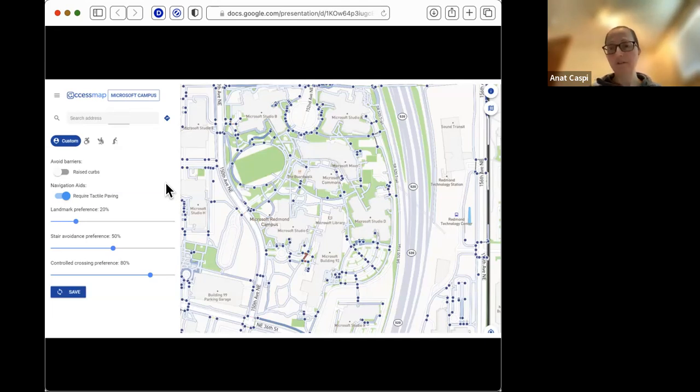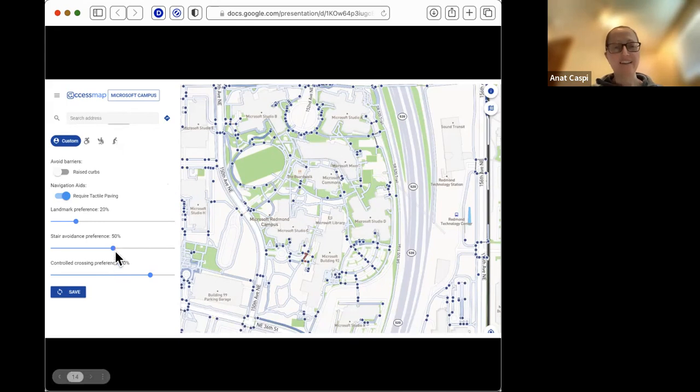People with disabilities often are aware of what their maximum is or what they're willing to take, especially because ADA defines 5% and 8% as these demarcations. So you might know your specific preference along that line. But a lot of times, these preferences or needs are a little bit more subjective.